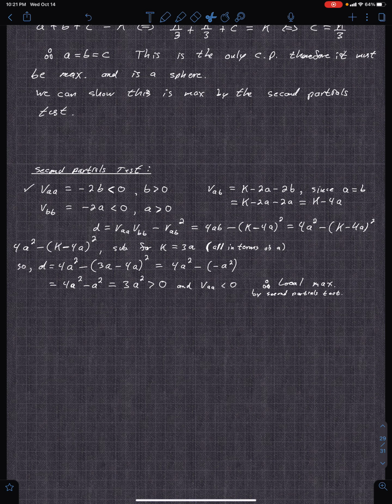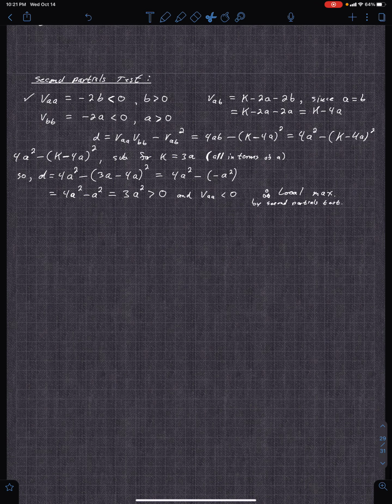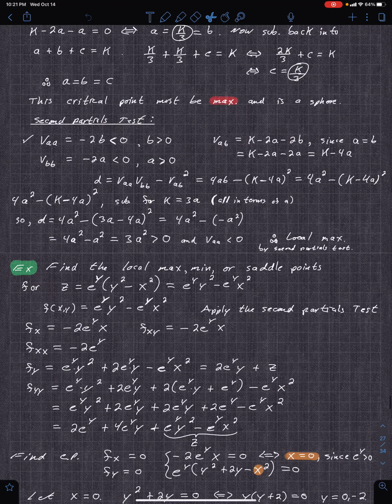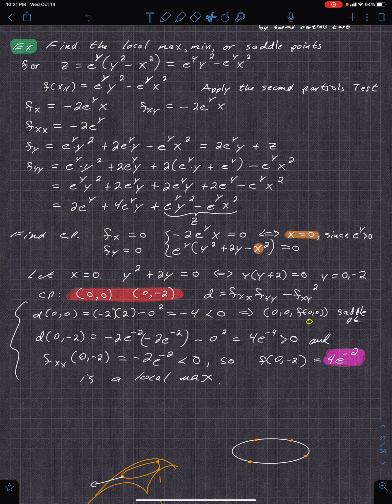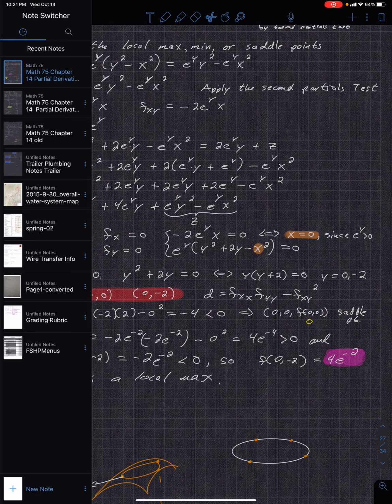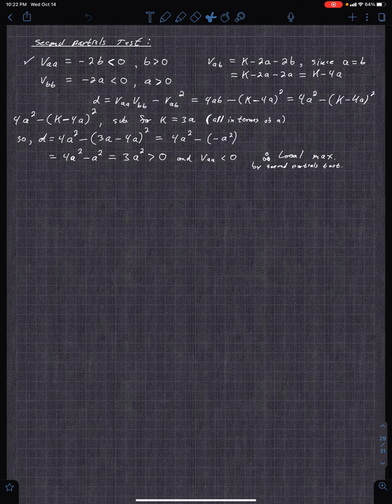Okay, and then I'll just do another example down there, and then we'll do this other example. So you can try this example on your own. And then I guess I'll leave those off. So this is just a little more sophisticated question.